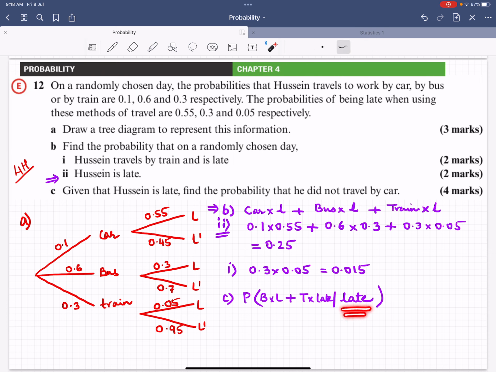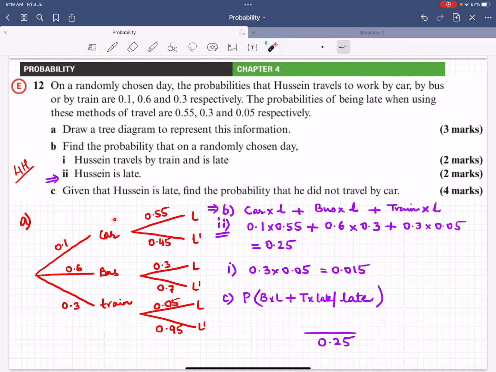In general, the probability of being late is our denominator, and we've already calculated the probability of him being late, which is 0.25. Therefore that's our denominator, so we write here 0.25. In the numerator, we need to find the probability that he did not travel by car.